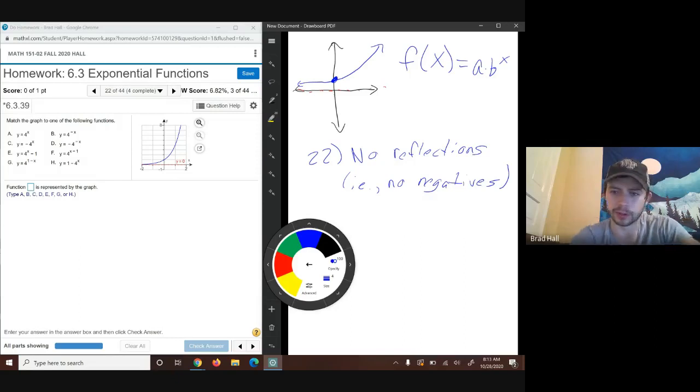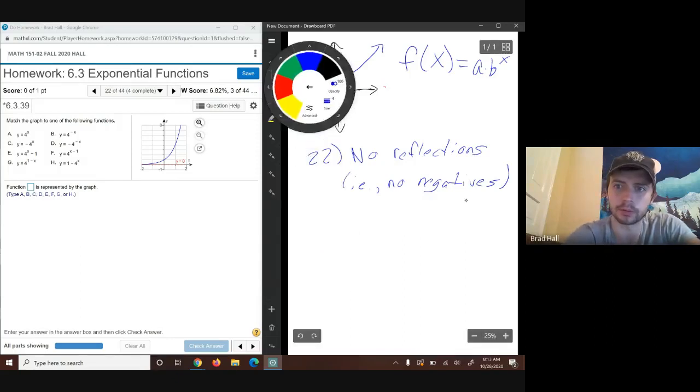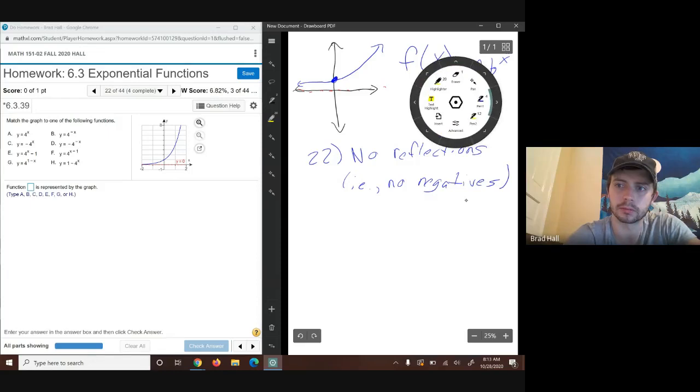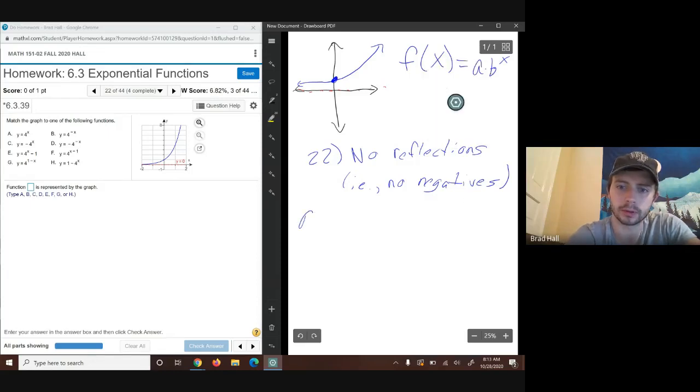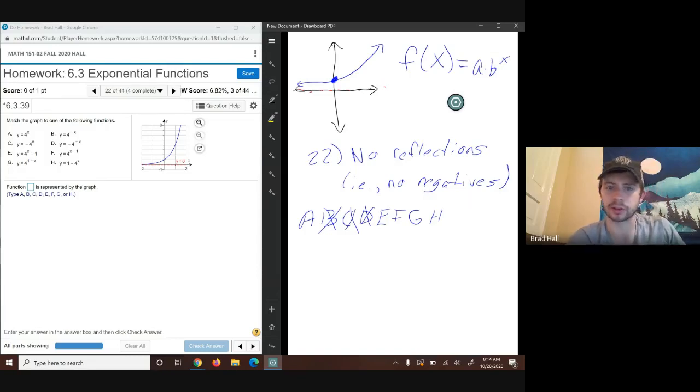So if we think about this in terms of process of elimination, there's A, B, C, D, E, F, G, and H. That gets rid of B, and that gets rid of C as well. D is out. E is not technically a negative on the function; we'll get rid of it for other reasons. Right now, we're just getting rid of everything that has a reflection tied to it.